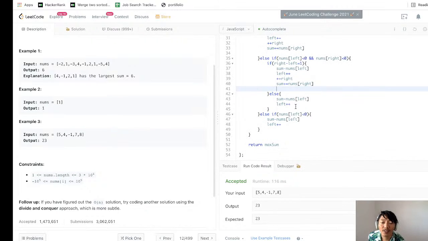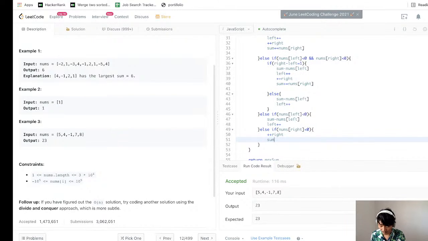Else if nums of right is less than 0, then right plus plus and sum plus equals nums of right.